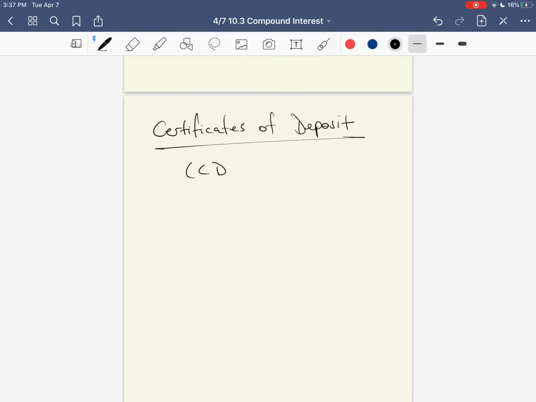Or a CD. A certificate of deposit is an investment. It's a lot like a hybrid between a savings account and a bond.